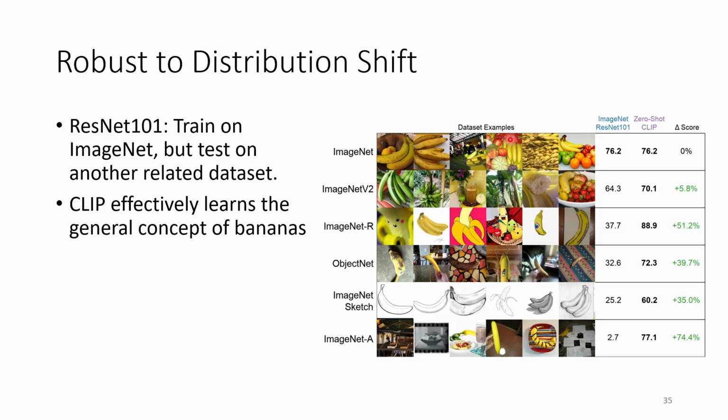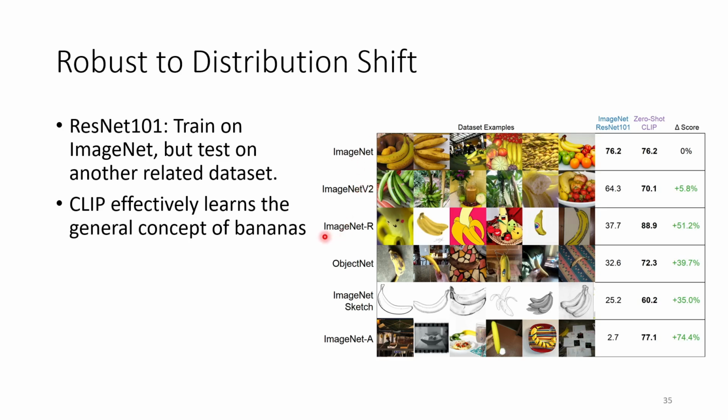These are images from ImageNet, and you can find banana images from another dataset, ImageNet V2. They are slightly different from the ones in ImageNet.